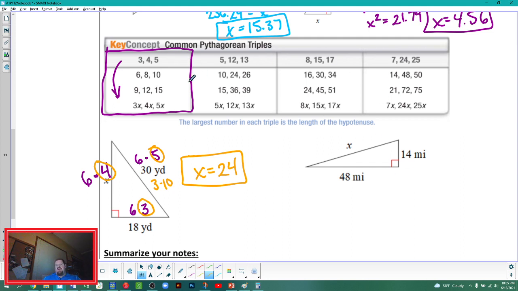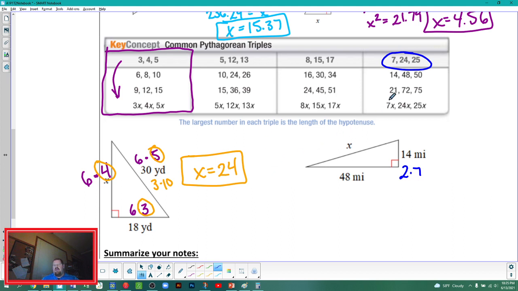And then when it comes to using some of these other triples that we have here, it really comes down to knowing things that multiply to give you different numbers. For instance, I know that the only two numbers I could pick to multiply to 14 are 2 and 7. So if this fits a Pythagorean triple, it's going to fit this one that involves 7.